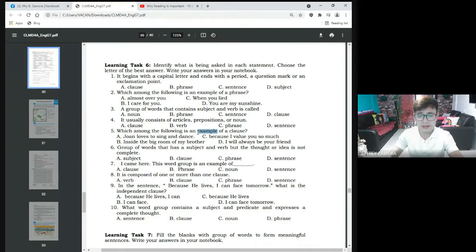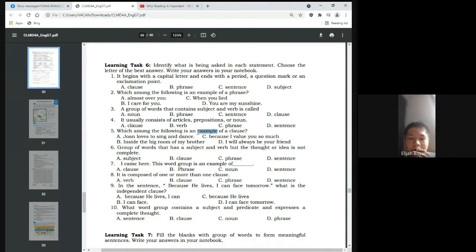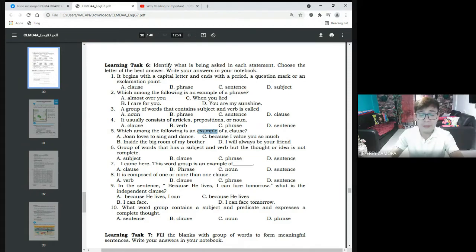One, two, three, go. Example. It should be EG, example, not egg. Like "egg" and then suddenly a Z. Example. I do not want to hear that mispronunciation. Okay, again, please continue.